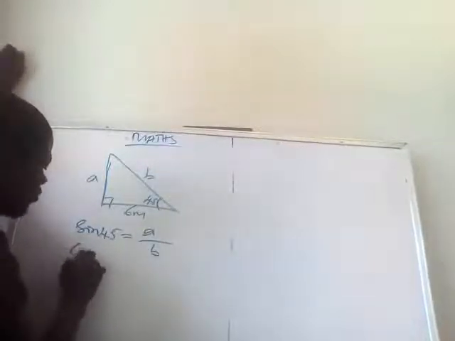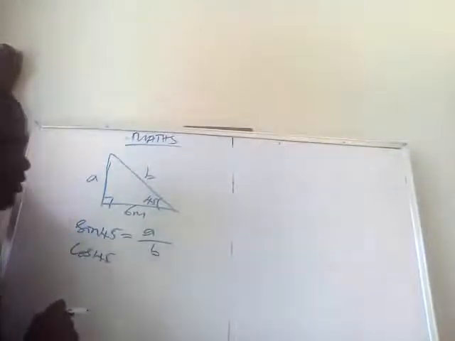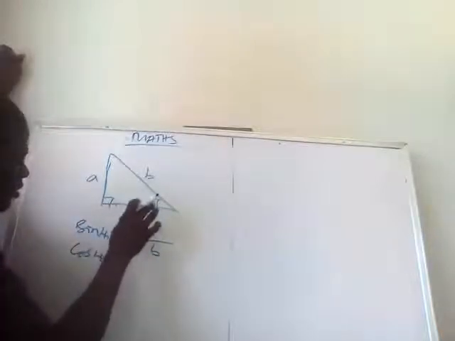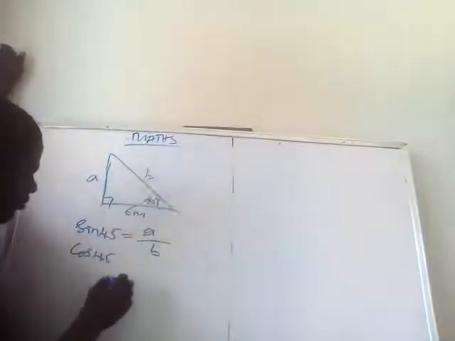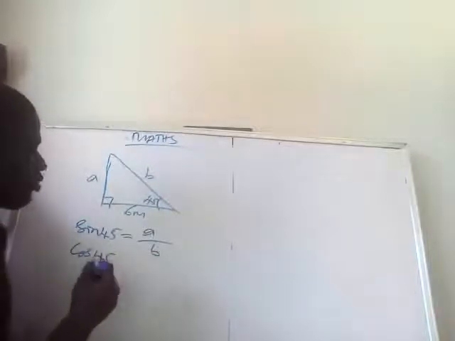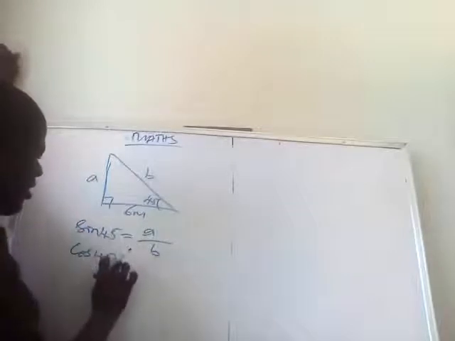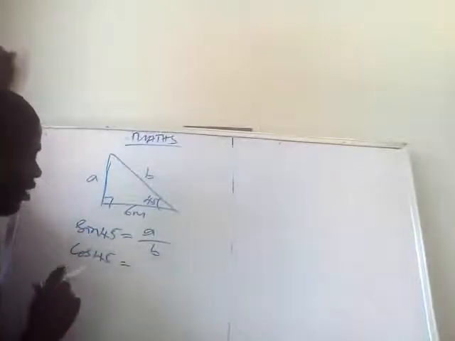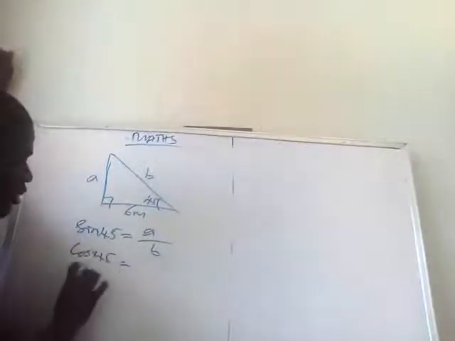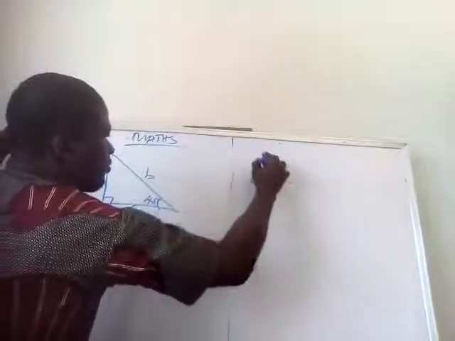Then cos 45 is adjacent over hypotenuse. But we don't have any problem with cos 45. I just want to show you what we did.